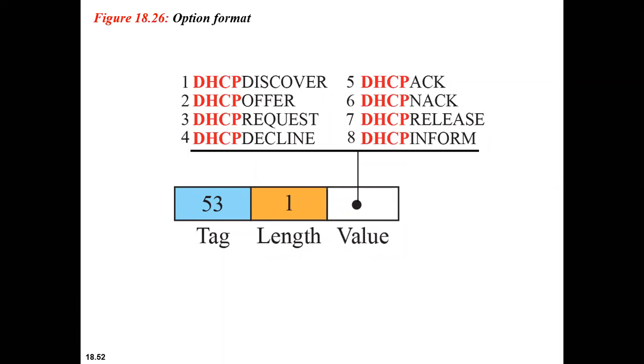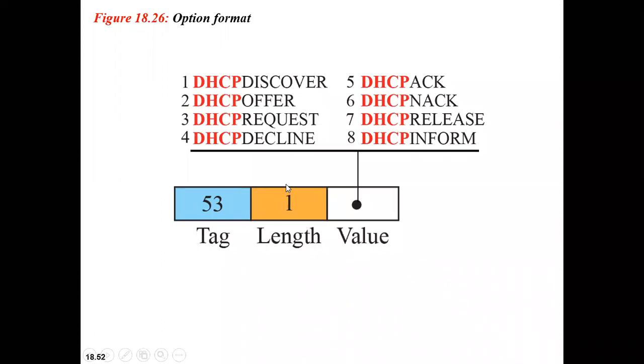If the magic cookie is present, the next 60 bytes we are looking for is nothing but your option field. I already told you, this option field is composed of 3 fields: the tag field, the length field, and the value field. Clear?